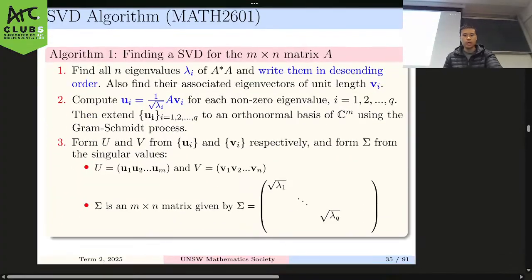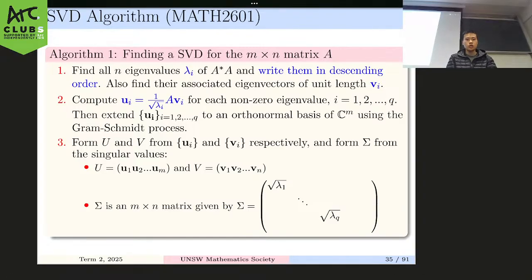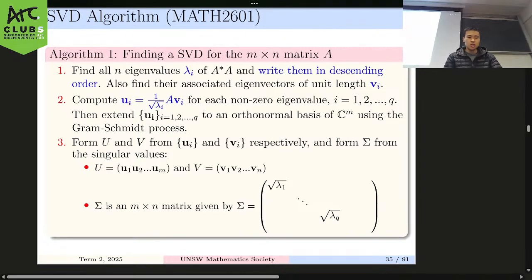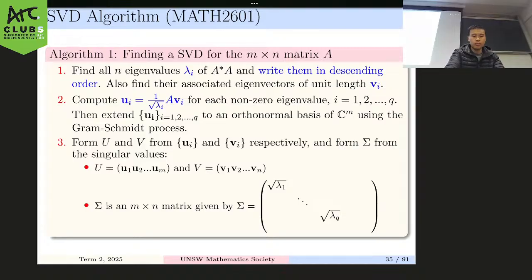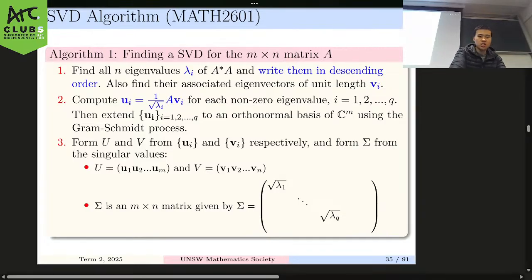Just to reiterate, you have so many algorithms in this course, but for SVD, find the eigenvalues, which is kind of obvious, and put them in descending order. The other annoying things are that you have to make sure it's unit length, and you have to do this weird process where u_i is equal to 1 over the square root of lambda_i, times the original matrix you're trying to SVD, followed by the normalized eigenvector.